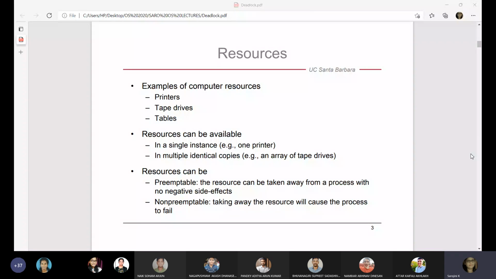Now this situation is called a deadlock. To complete its task, process P1 wants resource R2 but will not get it. To complete its task, process P2 wants resource R1 and is also not going to get it. So this will create a deadlock.